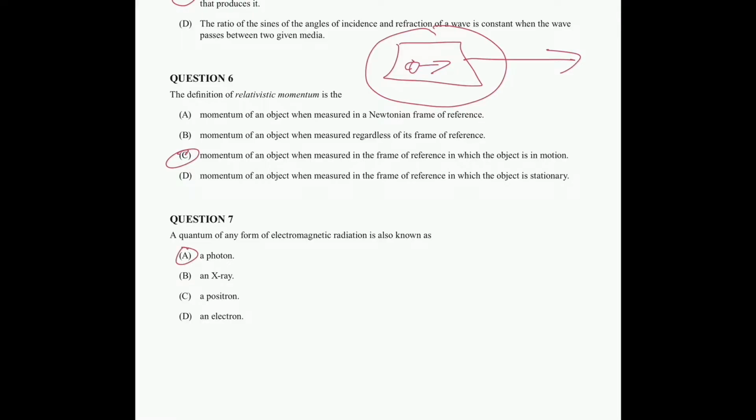We know X-ray, when we think of electromagnetic radiation, is a portion on our electromagnetic radiation wavelengths. Can be X-ray, visible light, or gamma radiation, which should fall under that X-ray kind of grouping. Positron and electron aren't quite going to be our form of electromagnetic radiation.